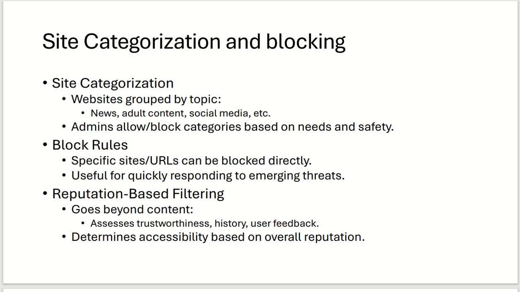Reputation-based filtering takes filtering a step further. It does not only filter the content, but after filtering the content, it assesses the trustworthiness of the content. It looks at the history of content from a particular website, and it looks at user feedback based on a certain website.